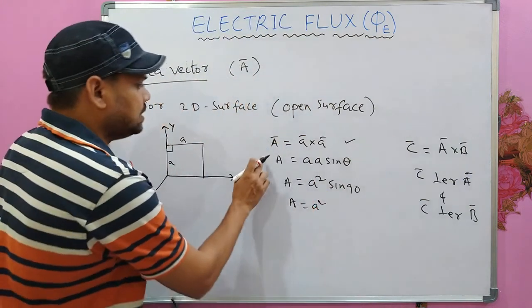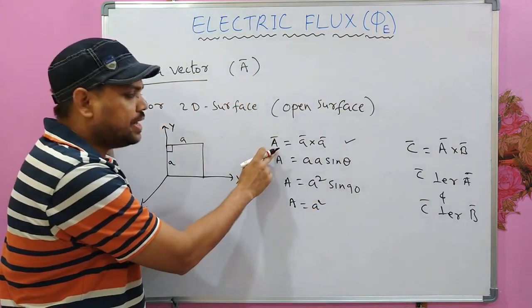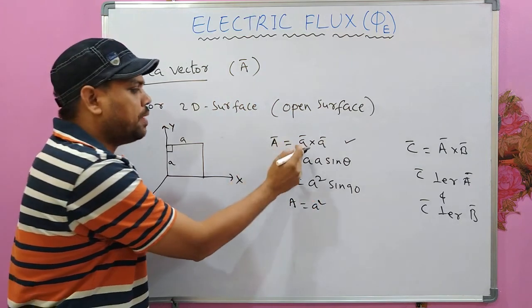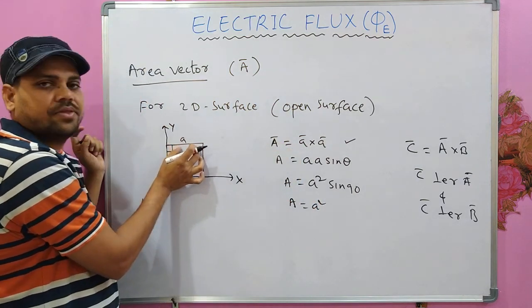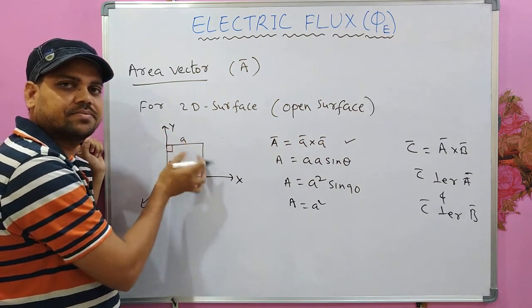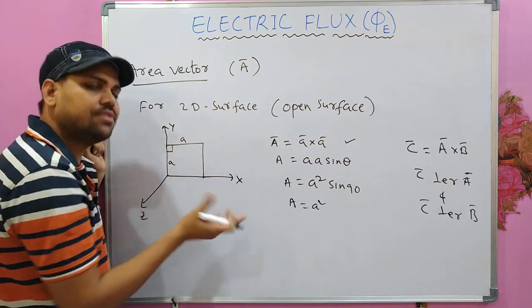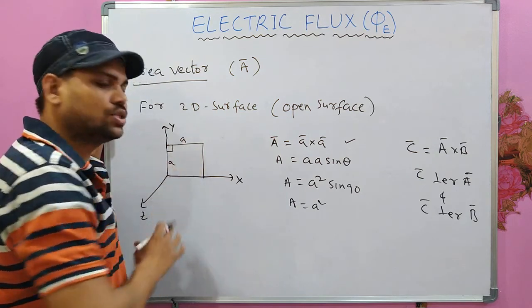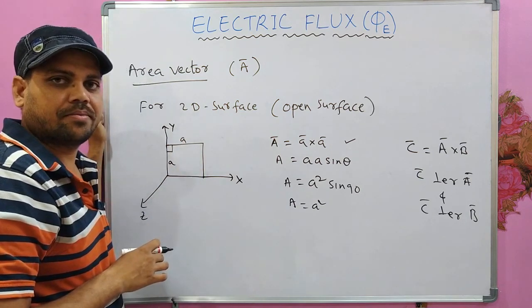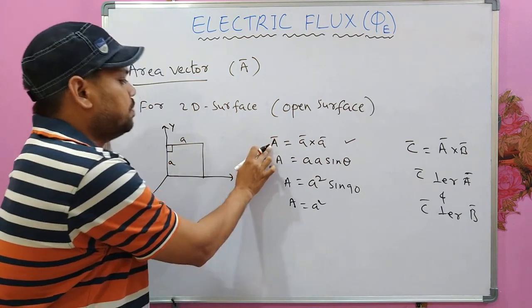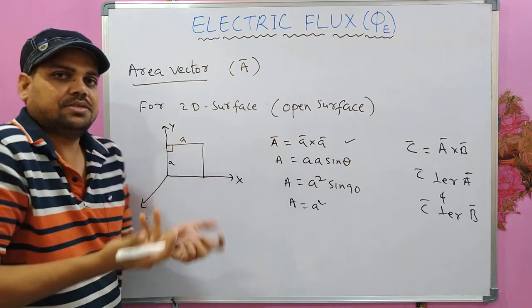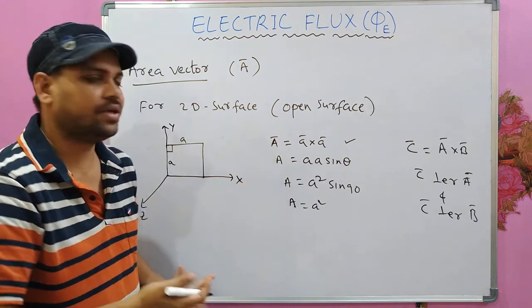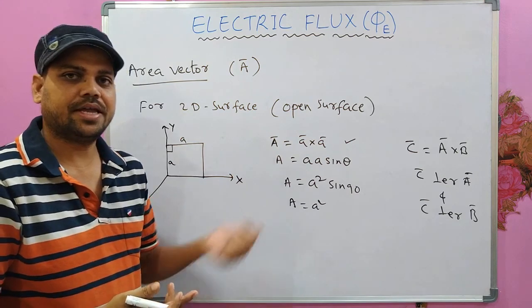Now, our area vector here should be perpendicular to the length and the width. Of course they are the same in the case of a square, but this must be perpendicular to both. So what is the direction of the area vector?